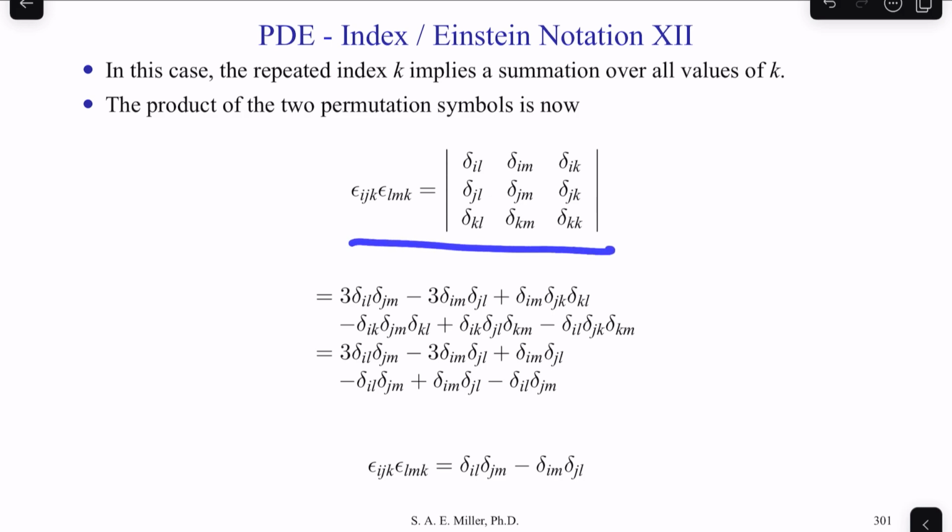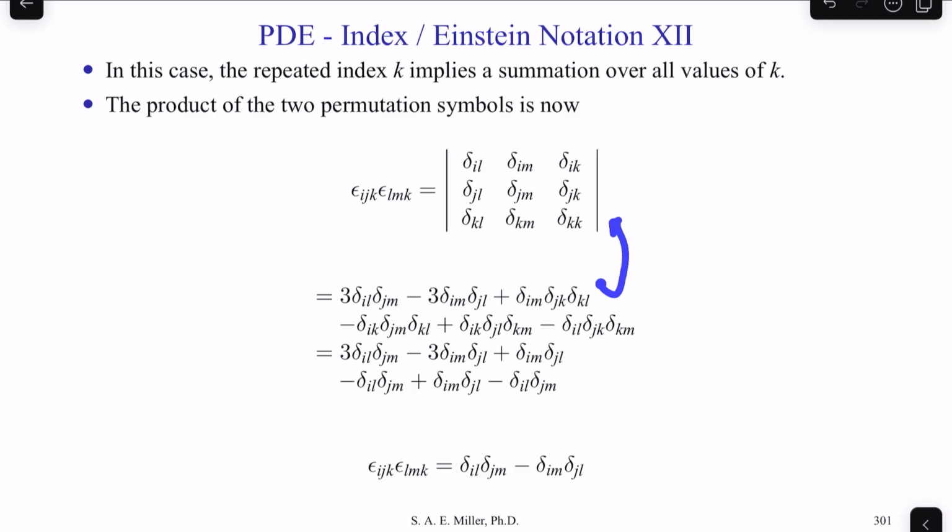Well, we write out our definition. Now we have kk, and we expand that out. How do we do that? We take the first element times these two and these two. Then we take the second element minus the determinant of these elements, plus this element times these two.